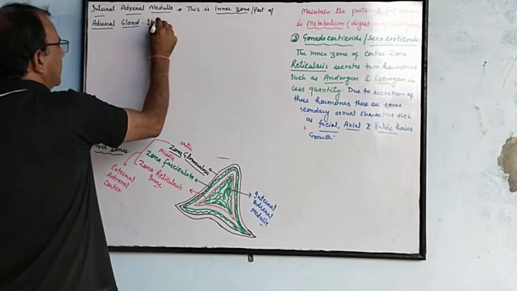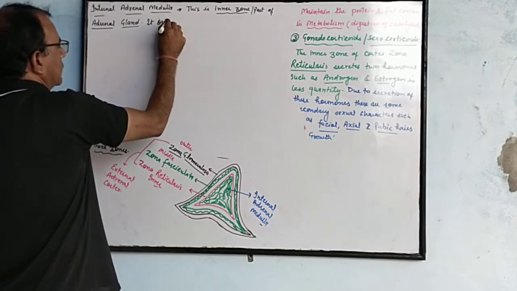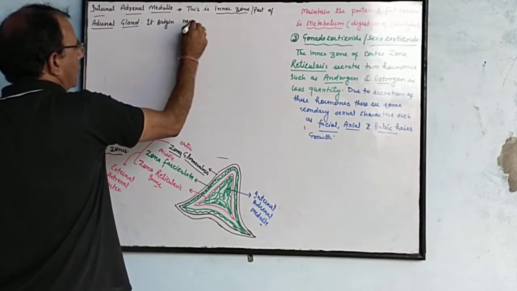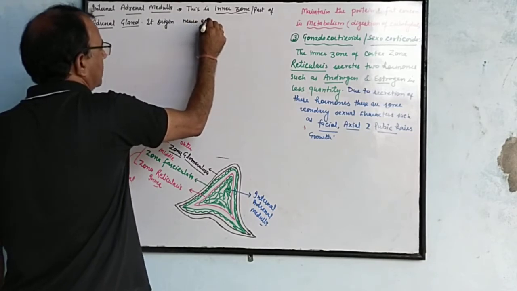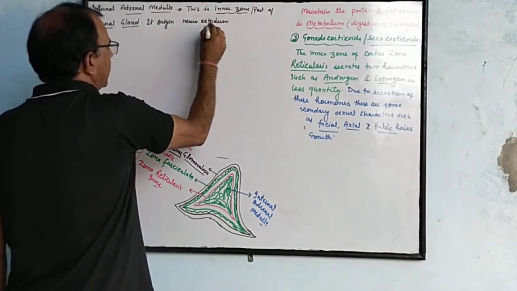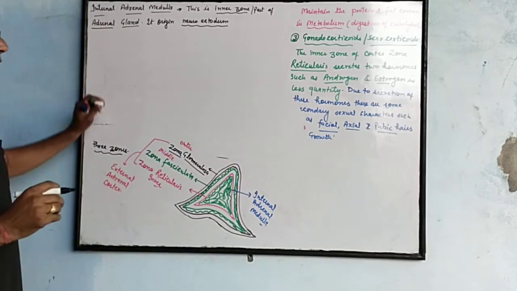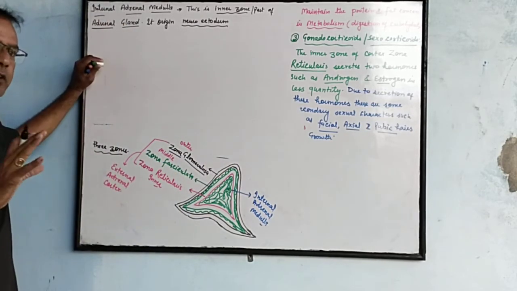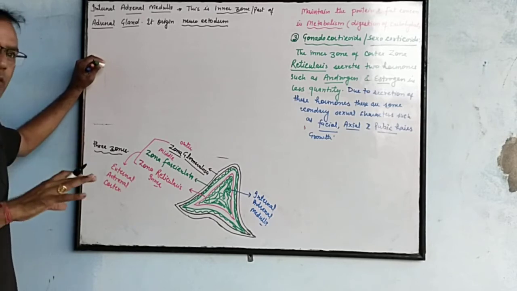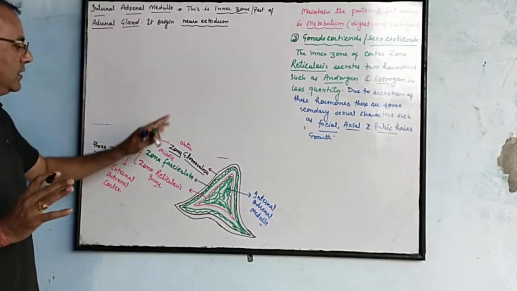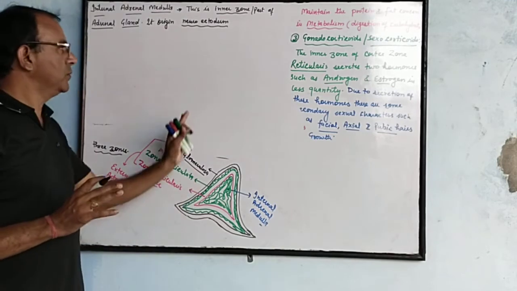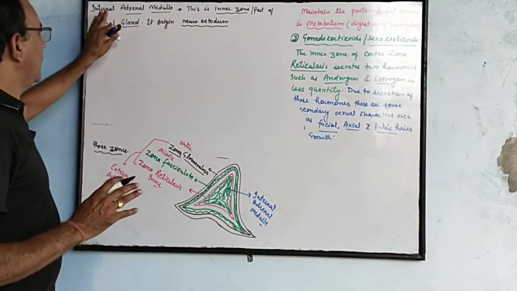It originates from neuroectoderm. As we have discussed, the adrenal gland is a composite gland because it originates from two layers, meso and ecto. Mesoderm gives rise to the cortex region and ectoderm gives rise to the medulla region.